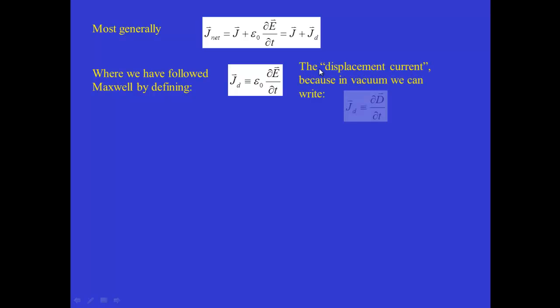So we call it the displacement current because in a vacuum we can write this as J sub D is dD/dt. And I guess he looked at this and said it's a time rate of change of D, so it's some kind of current, not physically a flow of charge, but a changing electric field.